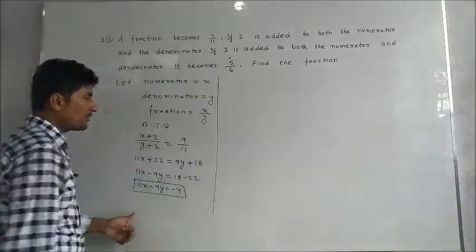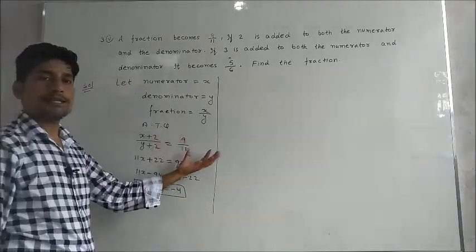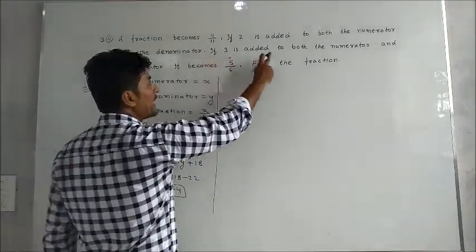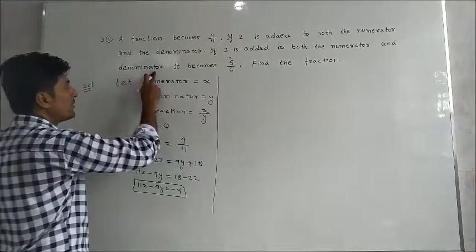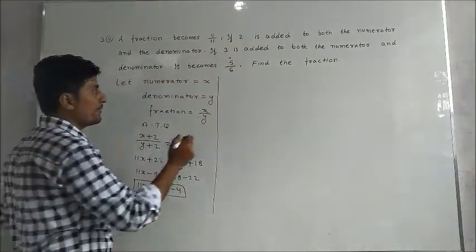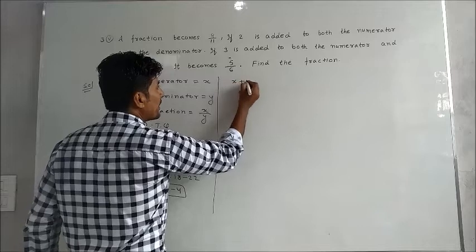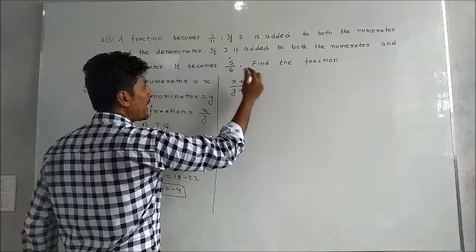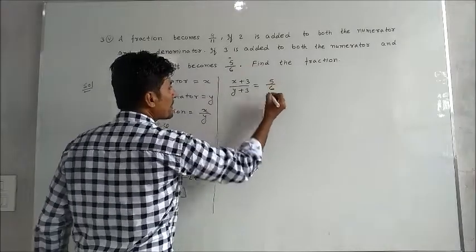After getting the first equation, now we will form the second equation with the second sentence. If 3 is added to both the numerator and denominator, it becomes 5 upon 6. This time we are going to add 3 in the numerator and 3 in the denominator. So the fraction becomes 5 upon 6.